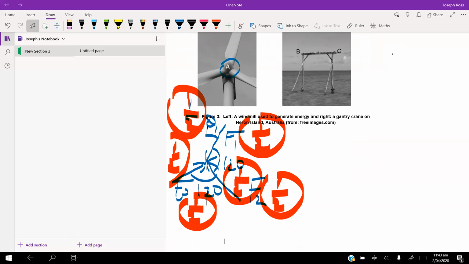Okay, and some of you would have rotated the windmill around a little bit so that the top blade is pointing exactly vertically, which would be fine as well. So if you've drawn F1 pointing exactly vertically, so that there would be no θ1 in your diagram, that would be full marks for that as well.